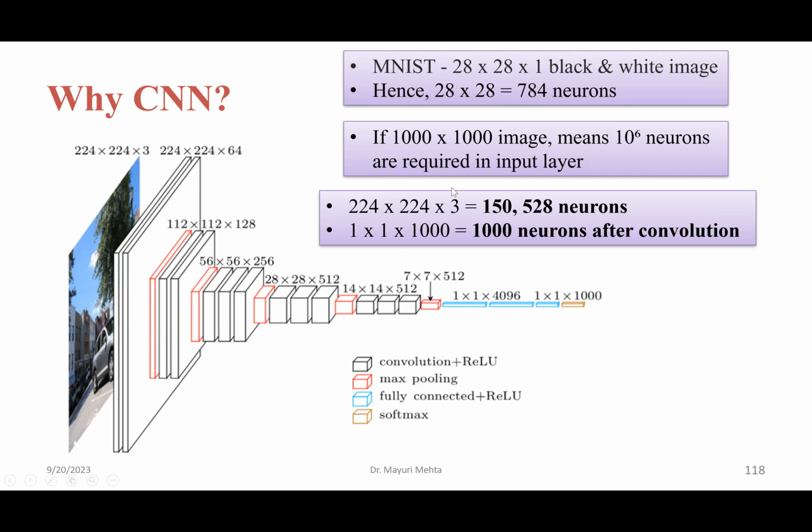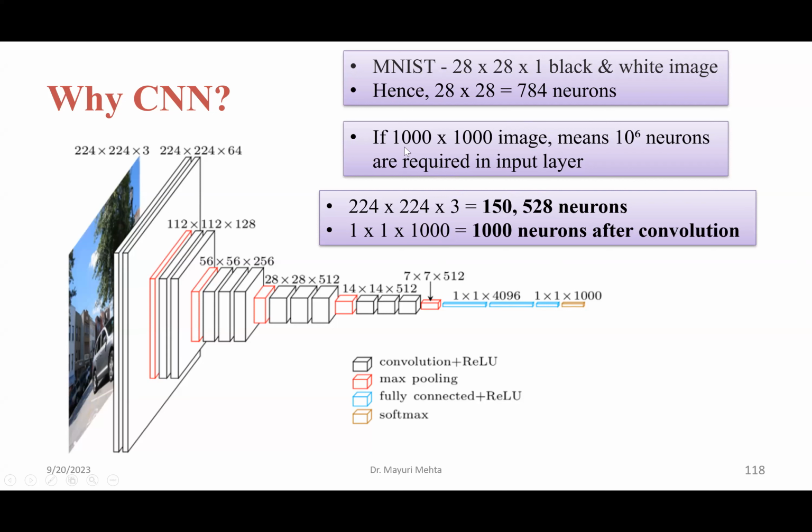In this MNIST example, we considered images of resolution 28 cross 28 cross 1, and we computed how many pixels are there in one MNIST image. So 784 neurons are there.